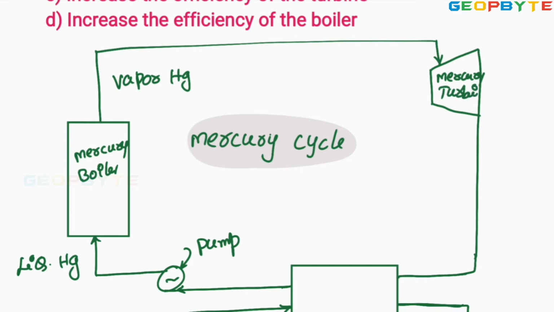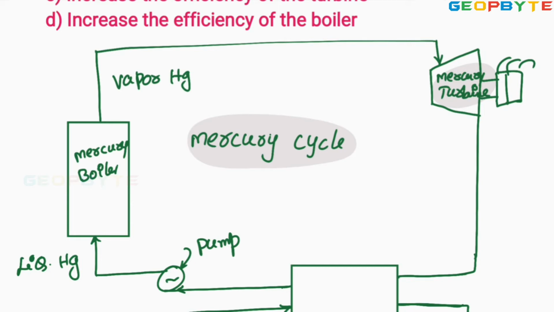By the time the mercury vapor is expanding over the mercury turbine blades, the mercury vapor is losing energy. That loss of mercury vapor energy is converted to mechanical energy. Of course, mechanical energy may be converted to electrical energy.